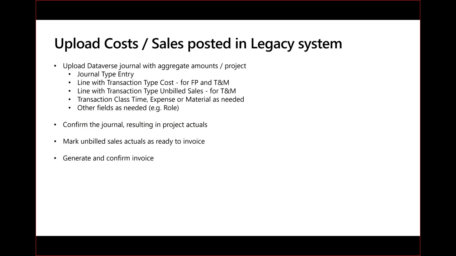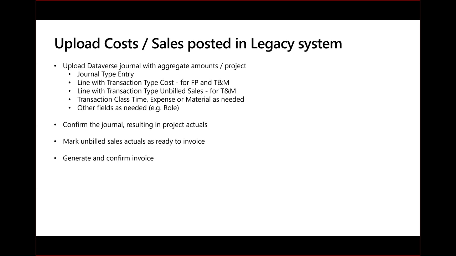Each journal should at least have a line with transaction type cost, for the fixed fee projects as well as for time and material, and a line with transaction type unbilled sales for the time and material projects. The journal type is of type entry, and we say which transaction class we need, whether it's time, expense, or material.